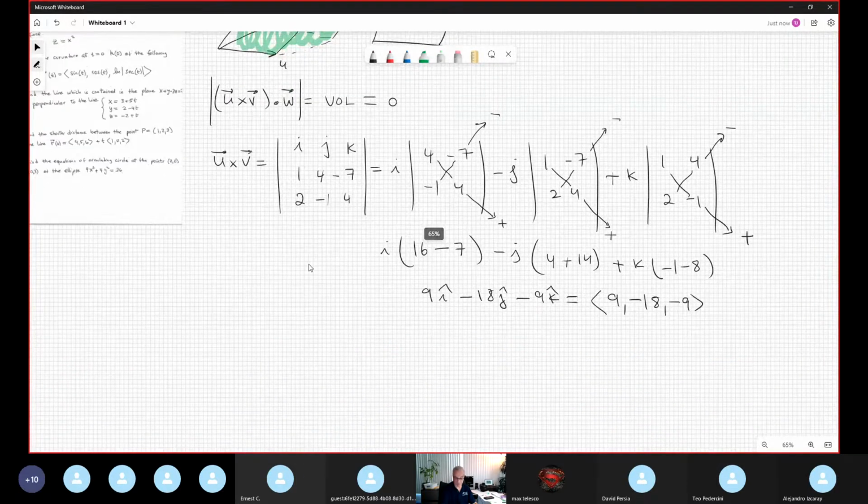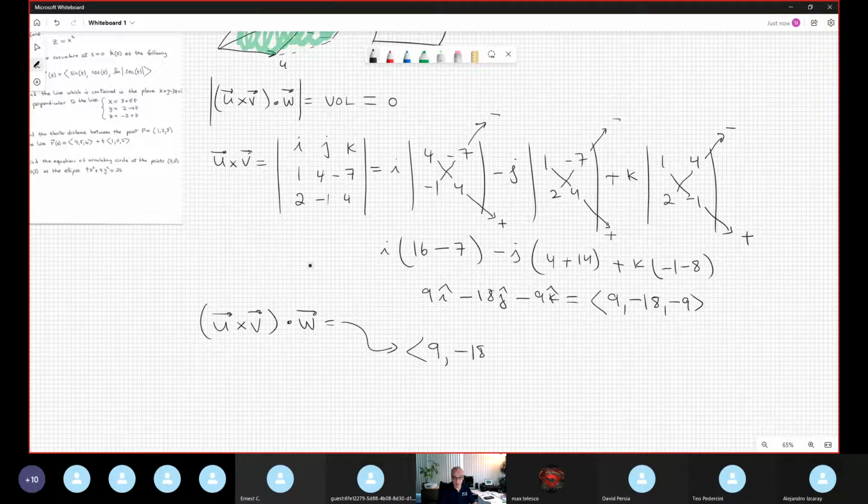Now perform finally the dot product. So we are doing now the cross product dot product W, no? So I copy here 9, -18, -9 dot product W. Who is W? W is 5, 9, -4.